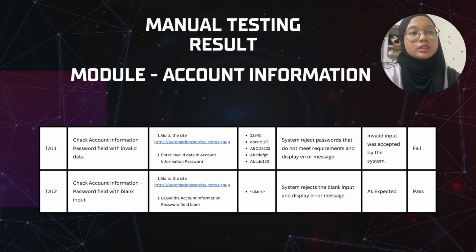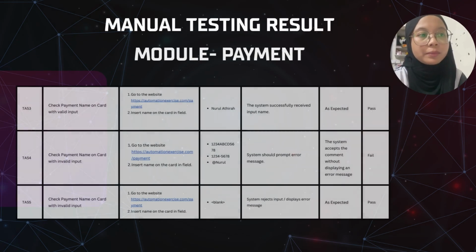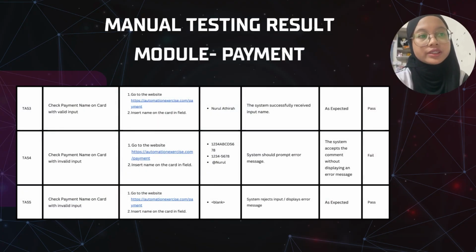Actual result, the system correctly rejected the blank input and displayed a validation message, and test status is as expected, passed. For the payment module test case execution result, we have three here, which is TA53 until TA55.